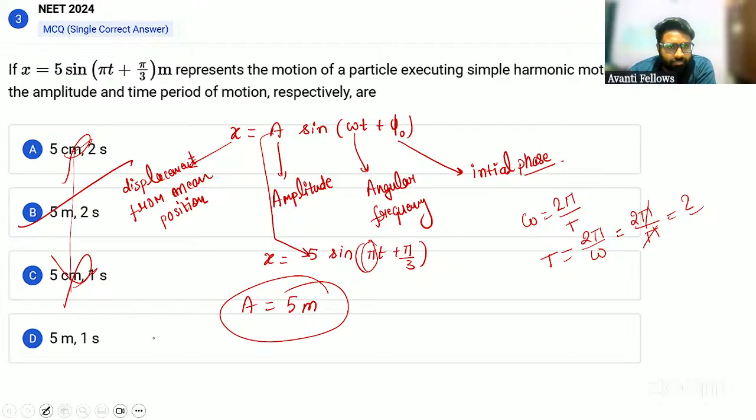देखो, if you are wondering ki how this, why we are writing x is equals to a sine omega t plus phi naught, why not something else? So I have the answer for you.